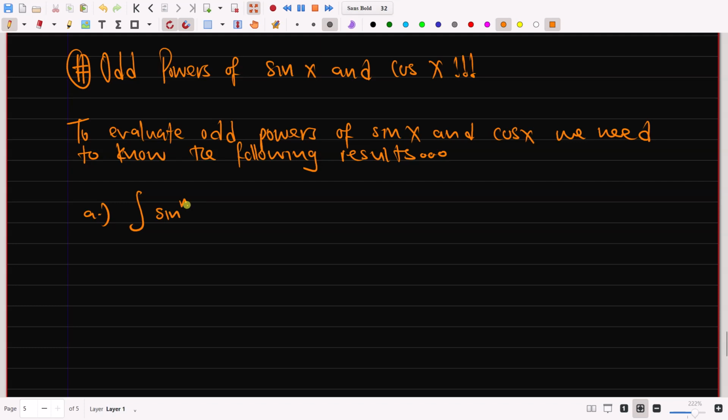Then b, the integral of cos to the power n of x times sine x dx is equal to cos to the n plus 1 of x over n plus 1 plus k. Sorry, it's a minus here. So these are two results that you should keep in your memory.